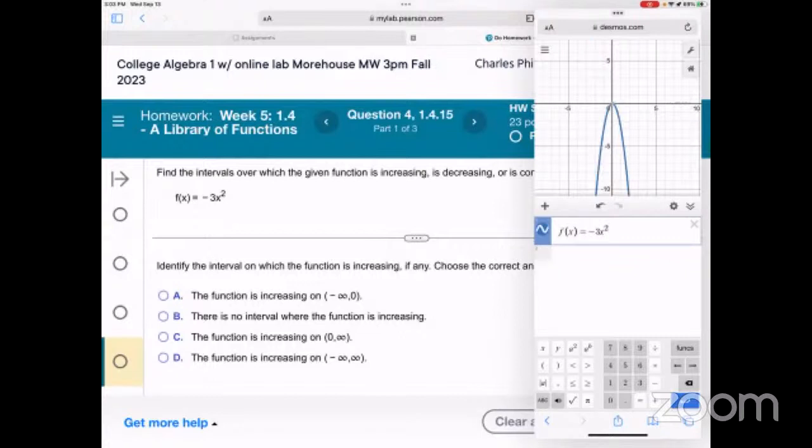So if this is our graph, as we start to trace it from the left to the right, what is it doing initially? Notice that it's increasing, right?